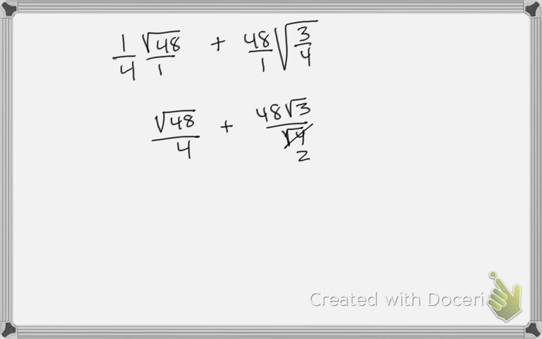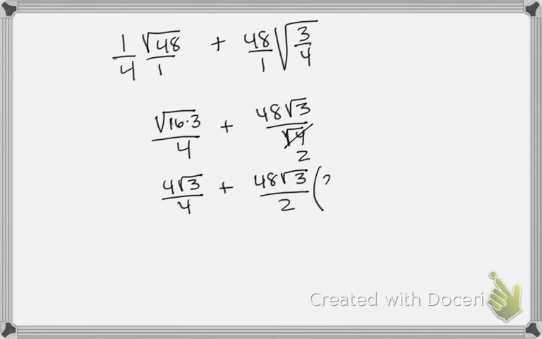And you know what? I want to break that 48 in the first one down to 16 times 3. So that really becomes 4 rad 3 over 4 plus, over here, I have 48 rad 3 over 2.